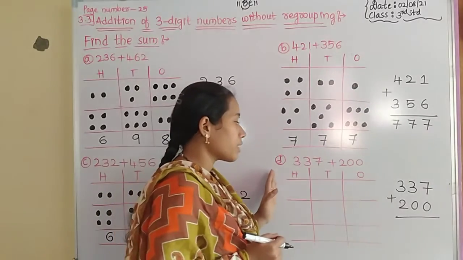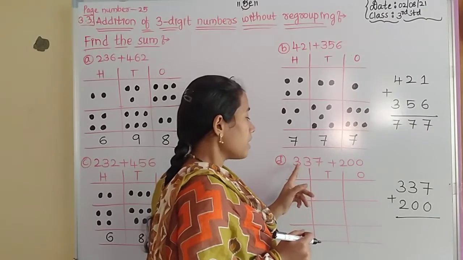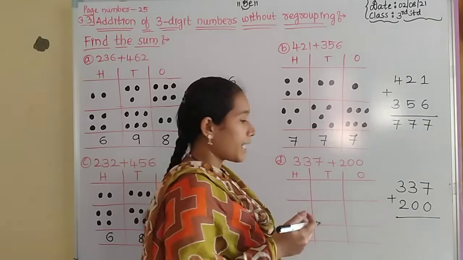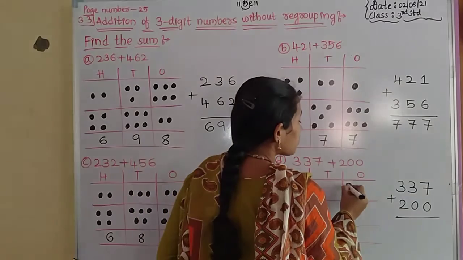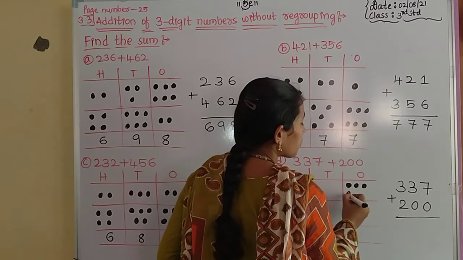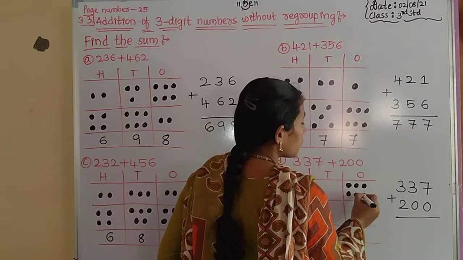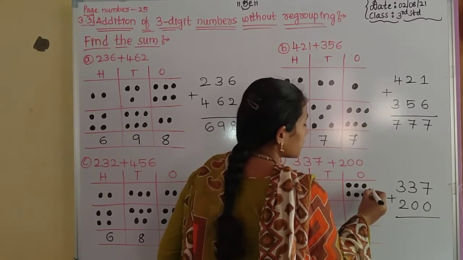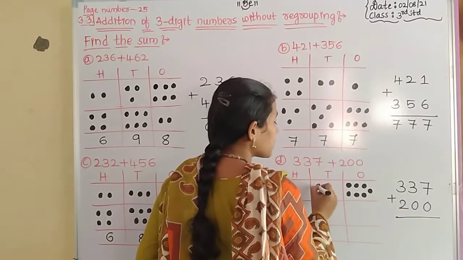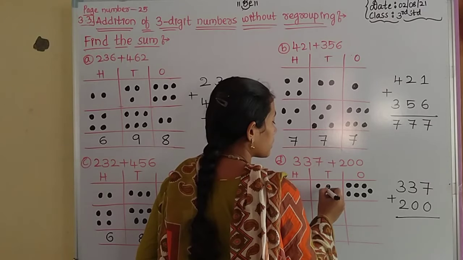Then the last one. The number 337 is the first addend, and 200 is the second addend. So 7 is in the ones placement. Then in the tens placement, which number is there? 3.